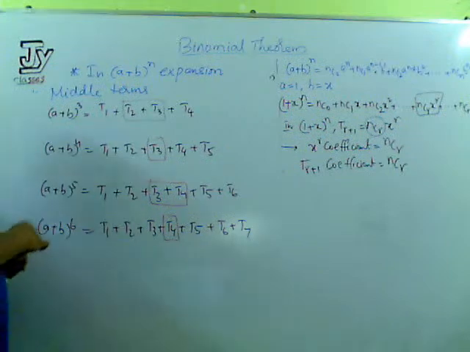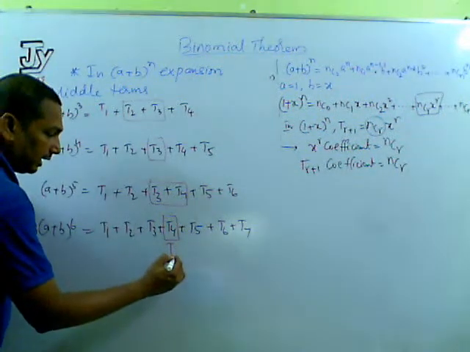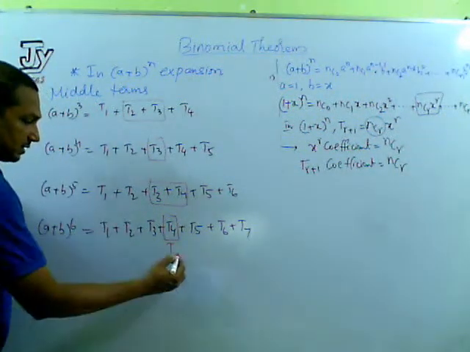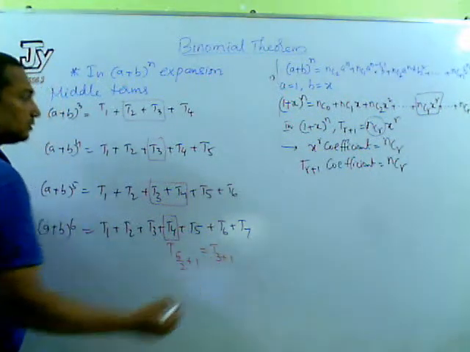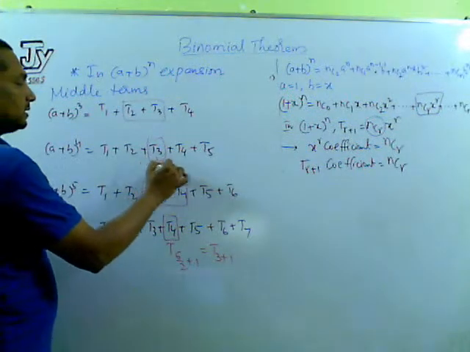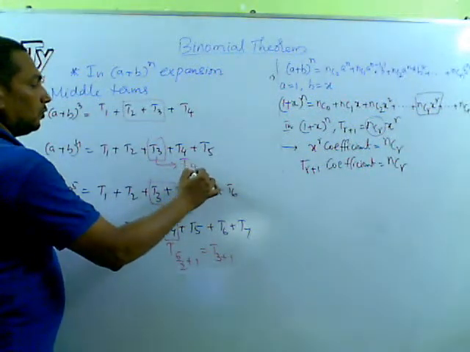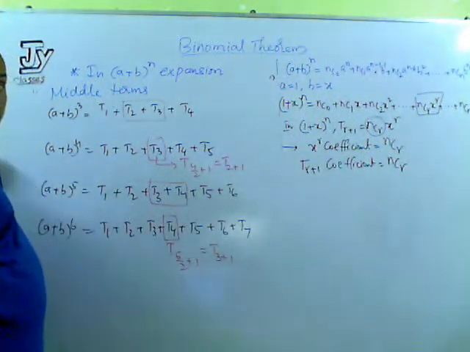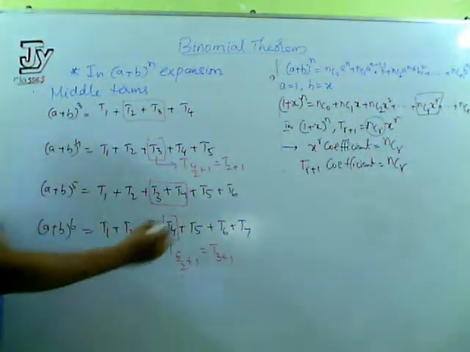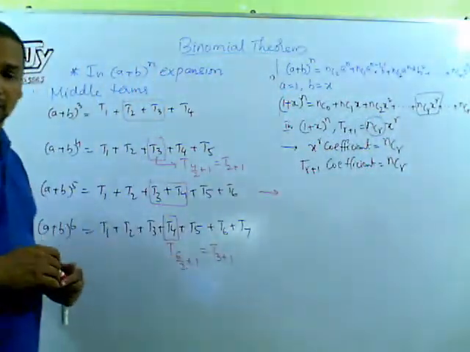So, a general result can be derived. For power 6 it is T(6 by 2 plus 1), that is T3 plus 1. For power 4, T(4 by 2 plus 1), that is T2 plus 1. So what is the final result?